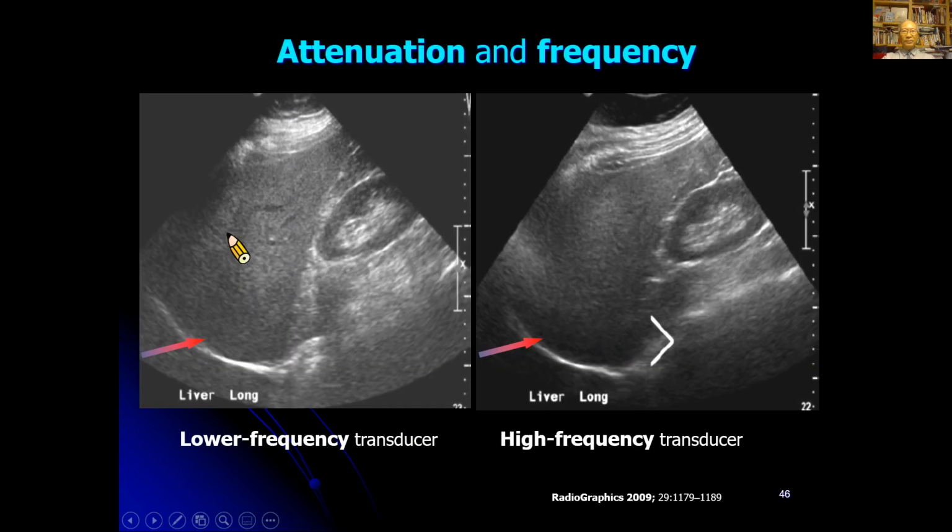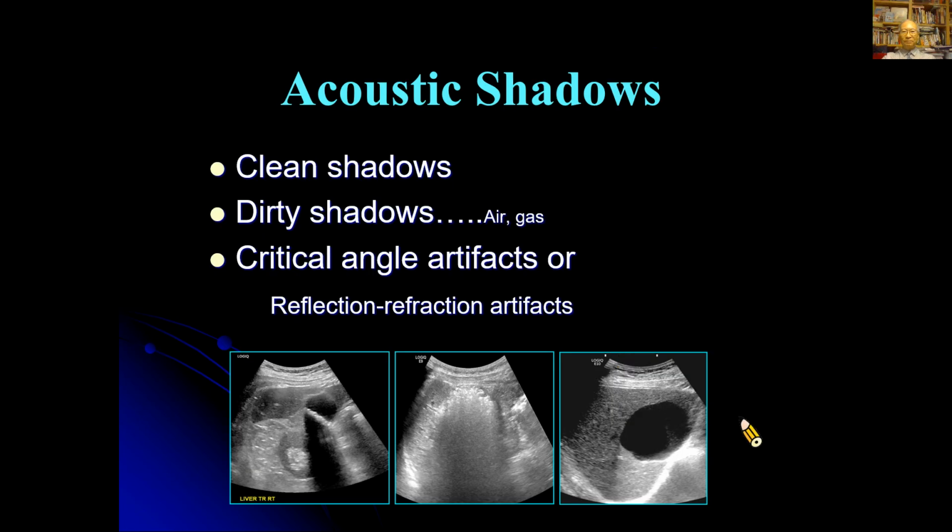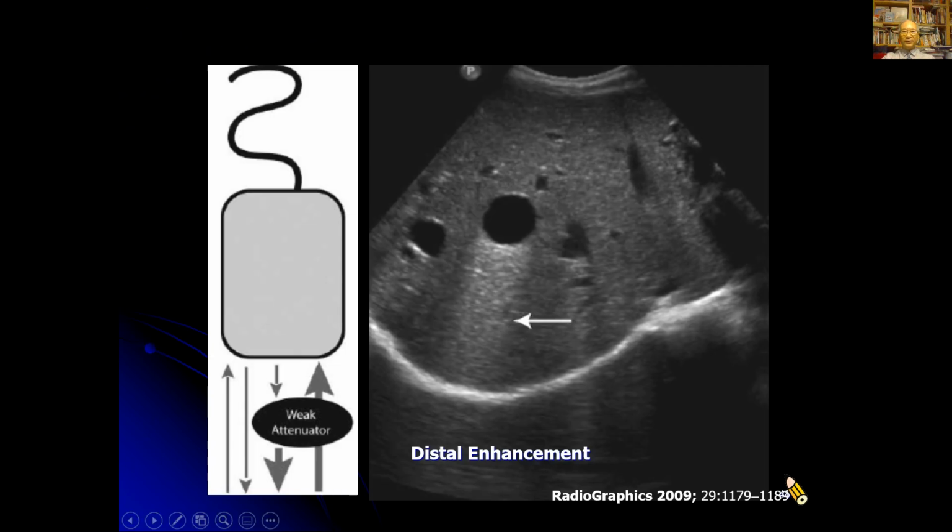And attenuation can also be encountered during sonography study for fatty liver, particularly if you are using a high frequency transducer, the distal portion is strongly attenuated. So acoustic shadows can be clean like gallstone, can be dirty like air. There's a kind of complicated reverberation artifact, and also from critical angle artifact or refraction artifact.